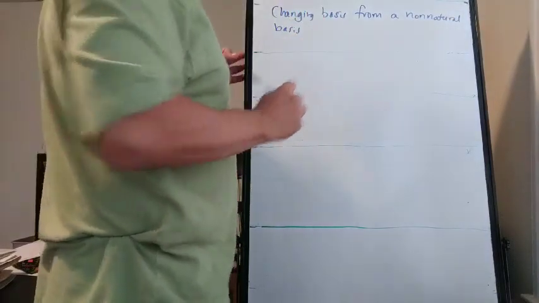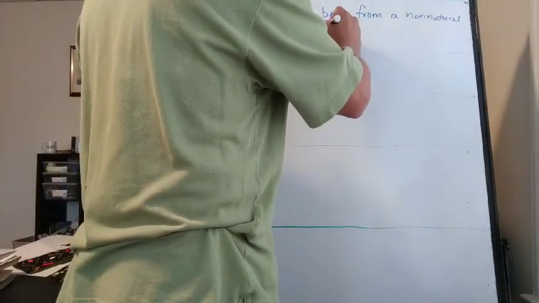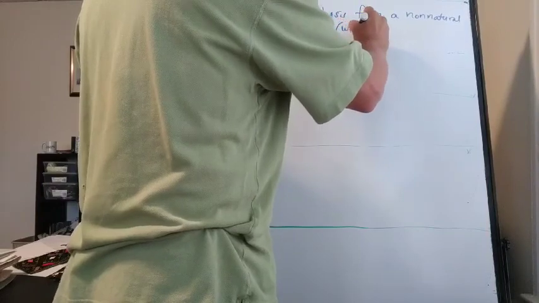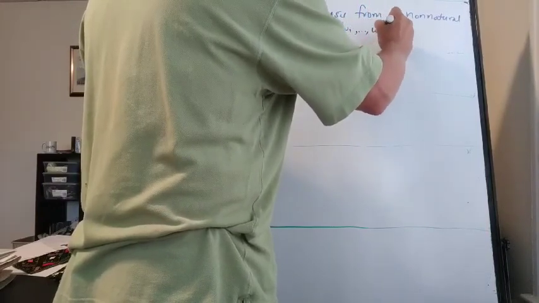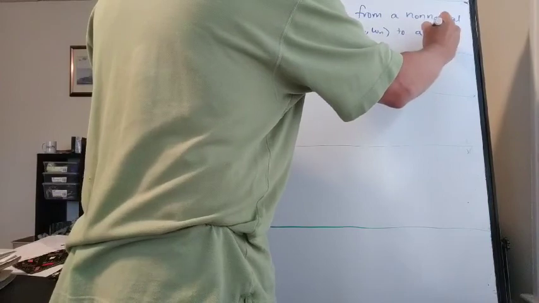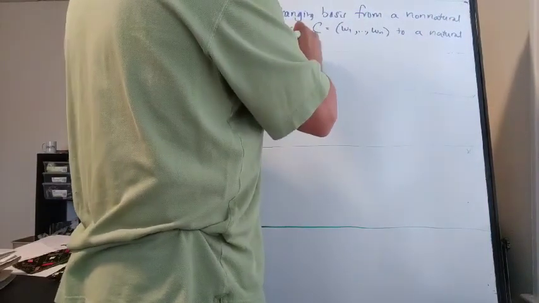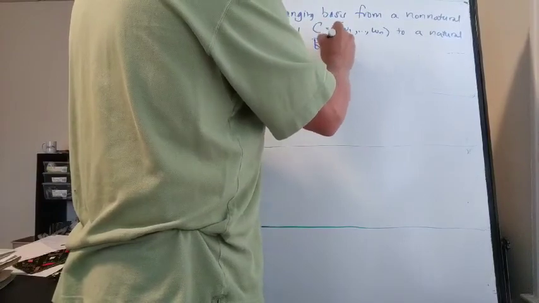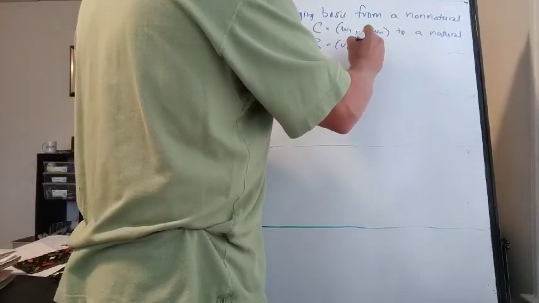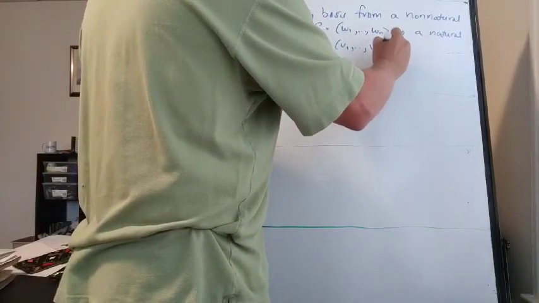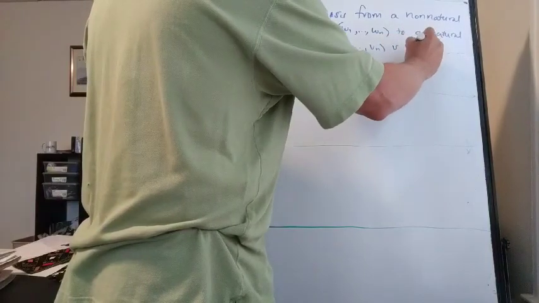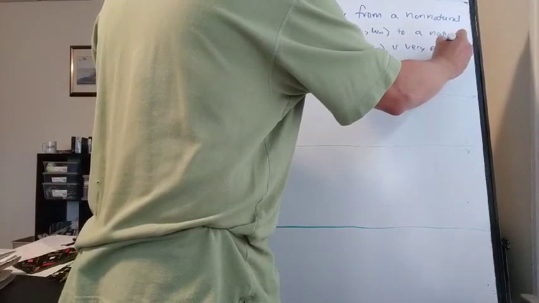Let's call the non-natural basis C, and its elements W1 through Wn, to a natural basis. Let's call the natural basis B, with elements V1 through Vn. It's very easy.